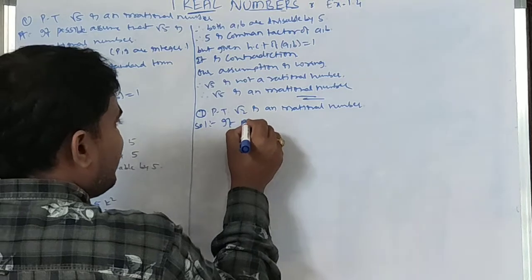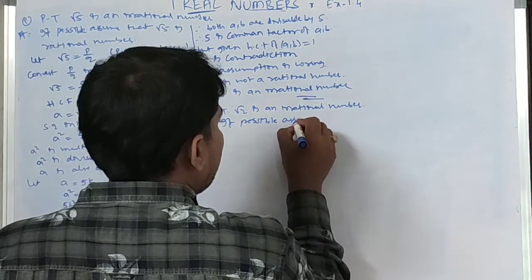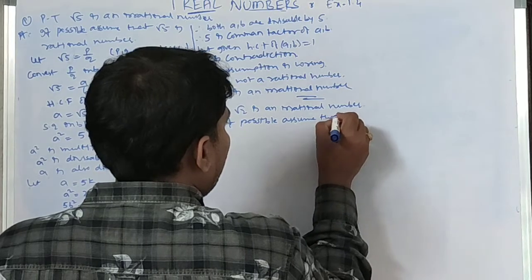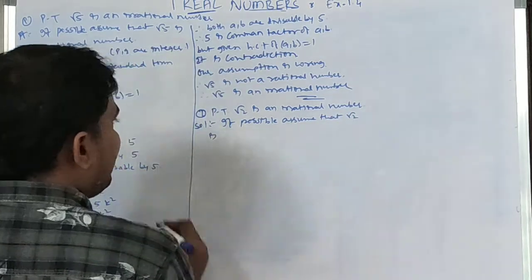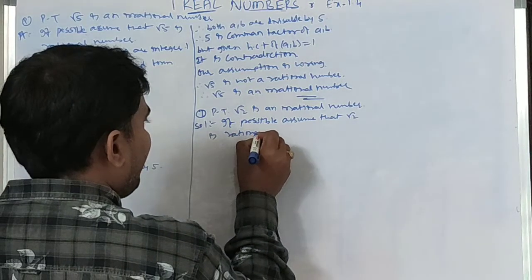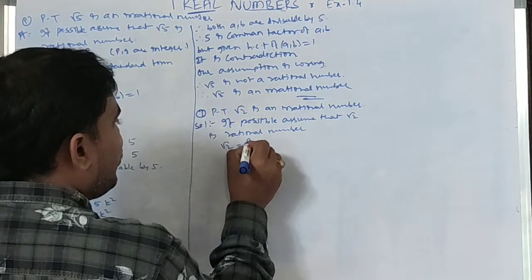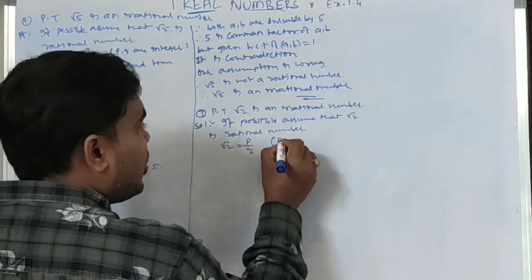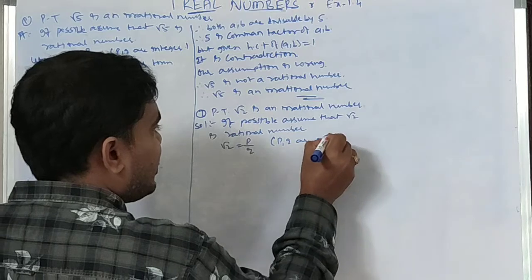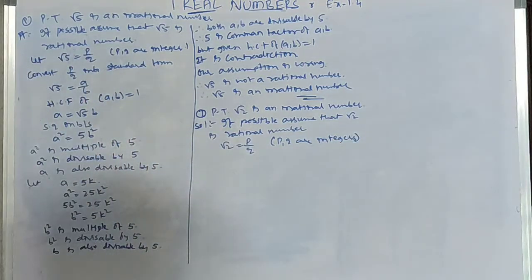If possible, assume that root 2 is a rational number. Every rational number can be represented in p by q form, where p, q are integers. Root 2 equal to p by q.